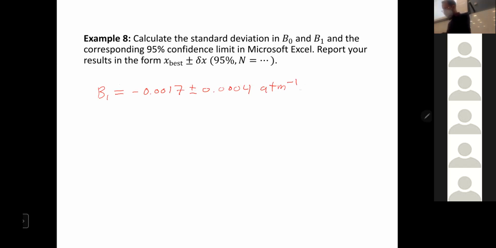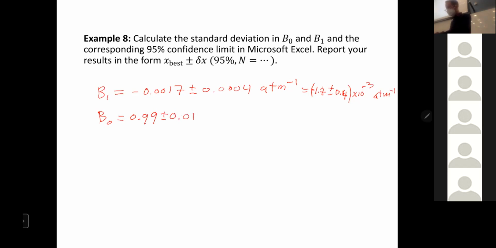Or if you wanted to write that in a slightly neater format, you could use an exponent. So you could say it's minus 1.7 plus or minus 0.4 times 10 to the minus 3 per atmosphere. Okay, and then the B Naught coefficient, the way that we could report that is it's equal to 0.99 plus or minus 0.01.